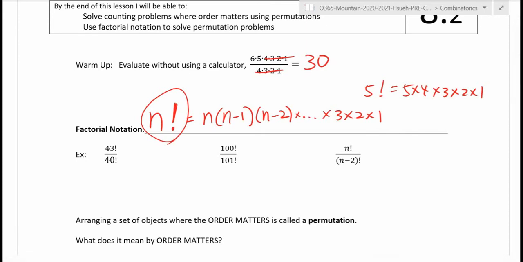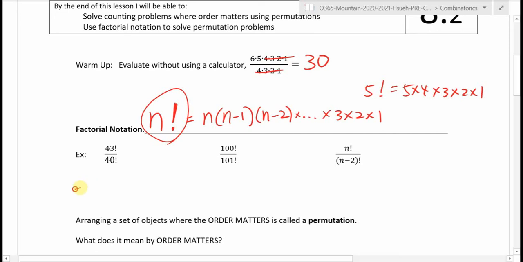However, the numbers in n factorial get quite big quite quickly. You'll be able to do this one, but you won't be able to evaluate 100 factorial on your calculator because the number is way too big for it to handle.